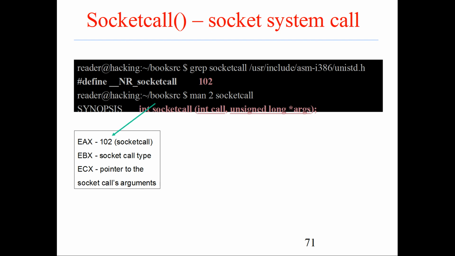So we're going to have to understand the socketcall. It's specified in usr/include, whatever your architecture is. In this case, for the book, it's i386, and unistd.h is the header file that specifies the system call table.